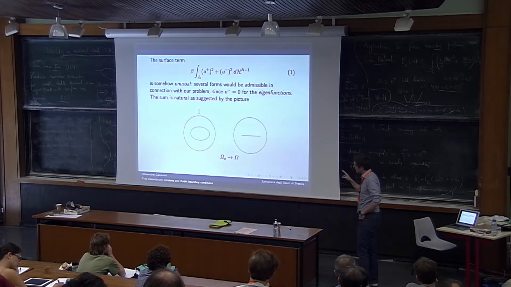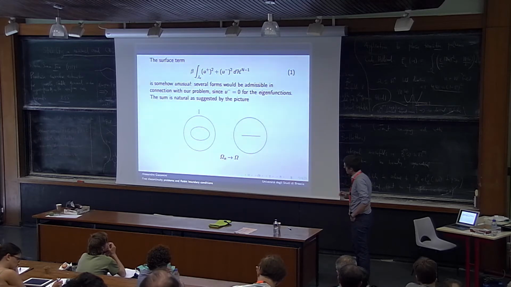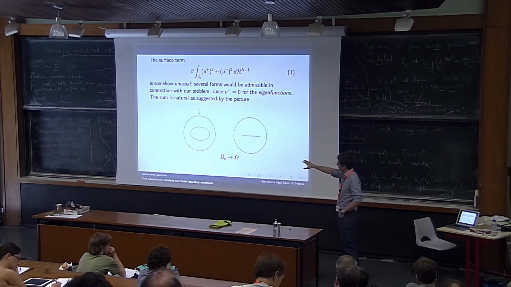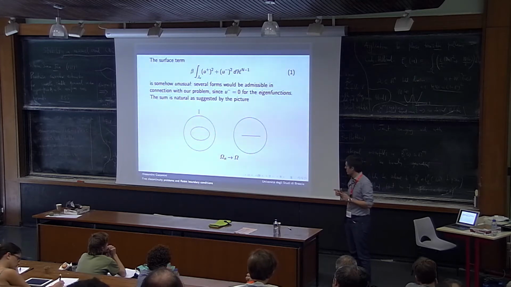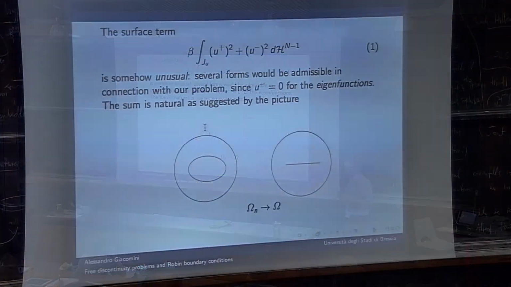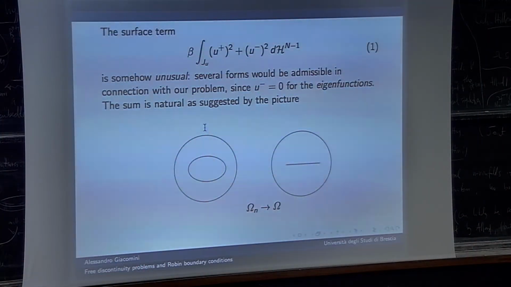And one understands this point by looking at a situation of this type, when we have a domain with a hole, which we assume, I don't know, to be minimal. Then in the limit, why not, the hole can shrink to a crack. If it shrinks to a crack, then the eigenfunctions, if they converge, should converge to something on the new domain omega with a crack, and there's no reason for the two traces of the limit of the eigenfunction to be equal.